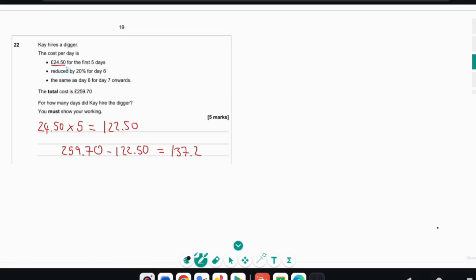This value is reduced by 20% for day 6 onwards. So all those other days will be priced at 20% less of £24.50. So what's 20% of £24.50? 20% as a decimal is 0.2. 0.2 times £24.50 is £4.90.